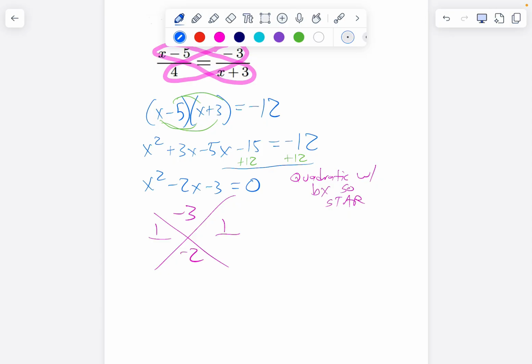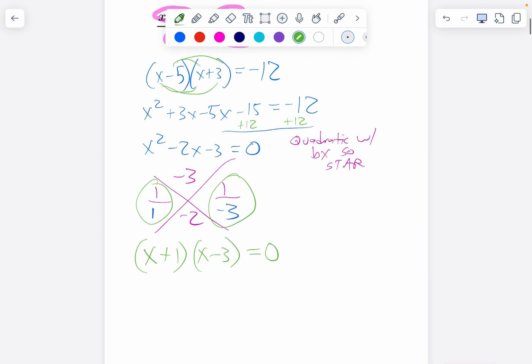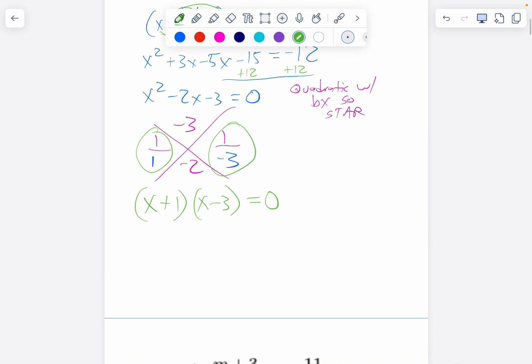What are they? 1 and negative 3. Okay. So our two factors will be x plus 1, x minus 3. Don't forget, we're still set equal to 0 here. Okay, and then we separate and set each one equal to 0 individually.